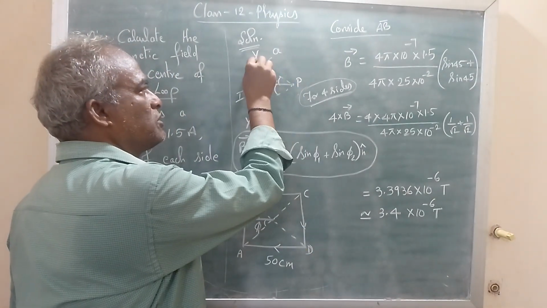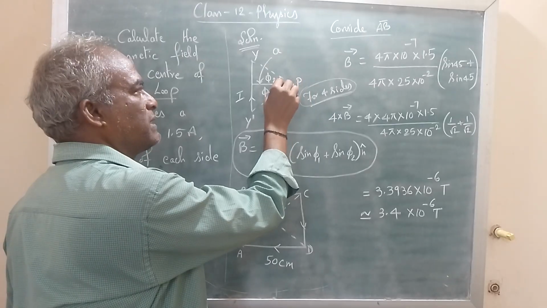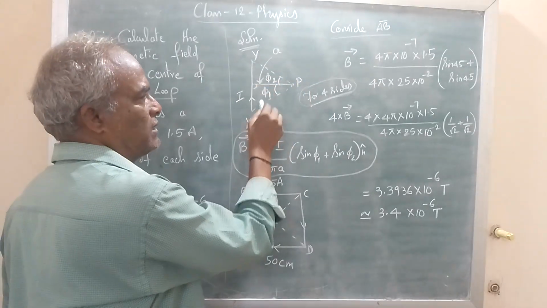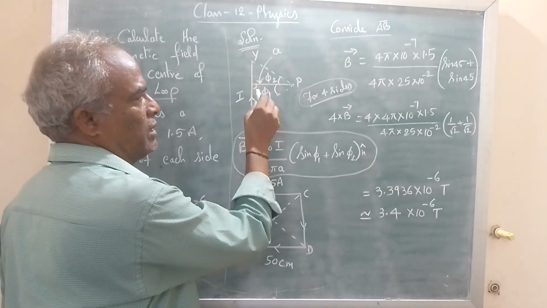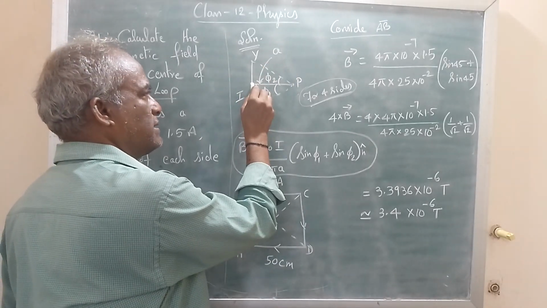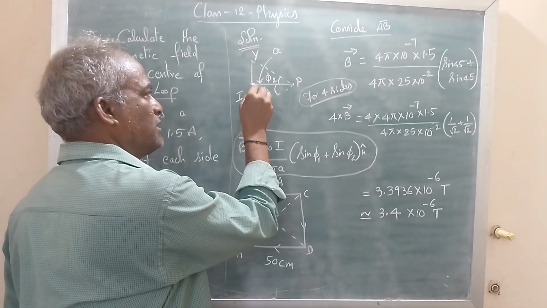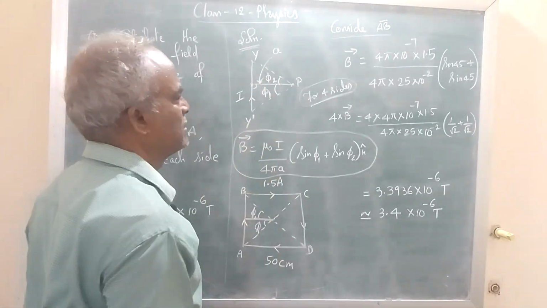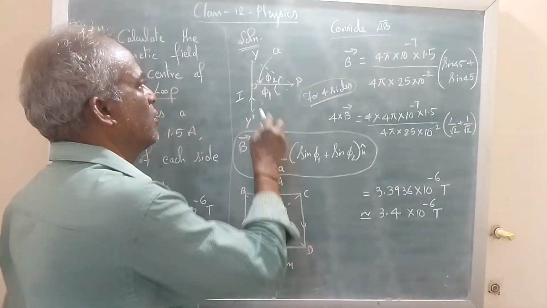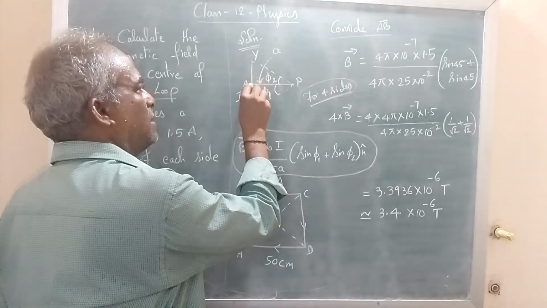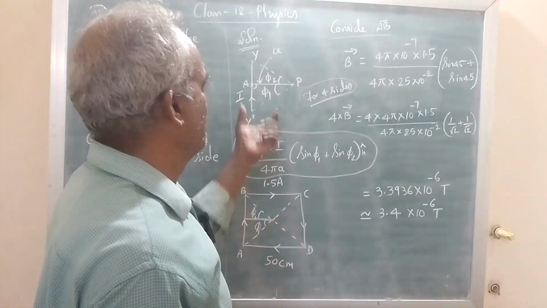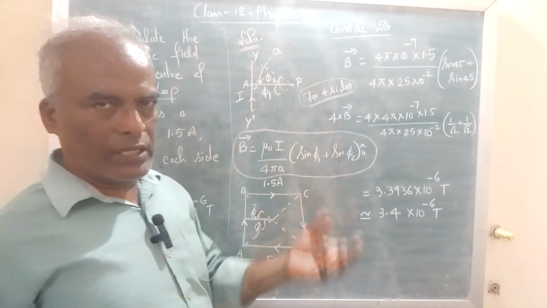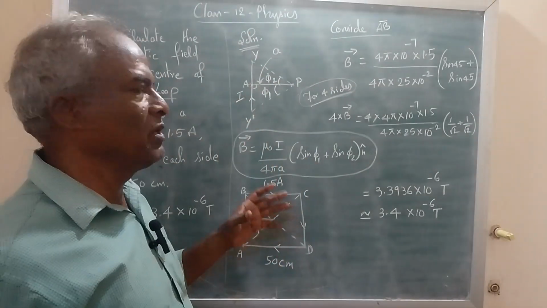From this point with P, this makes an angle phi 2, which is 90 degree, and this makes an angle phi 1. A is the length between this point and P, so if I call this capital A, the length is AP, which is small a. For this we have already derived a formula.